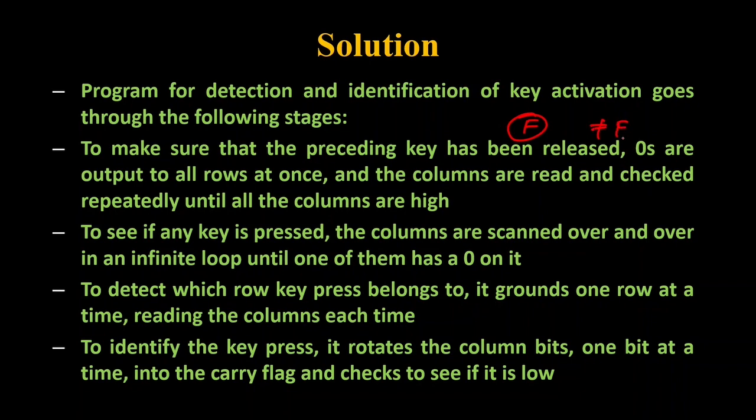So we have to make sure that none of the keys is stuck. If you want to understand whether any key is being pressed, make them 0, right? And after that, to detect which row is being pressed, give zeros in different positions, read the columns, and we can understand which key is being pressed.